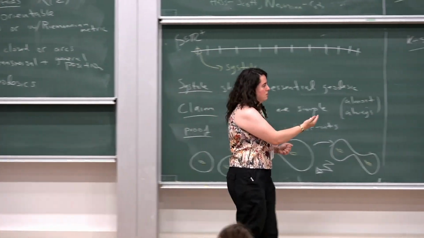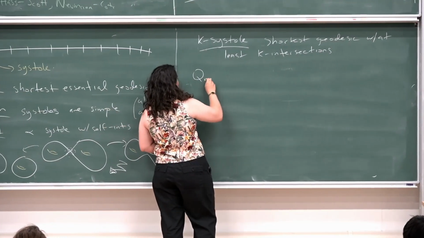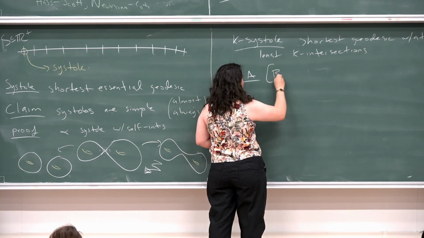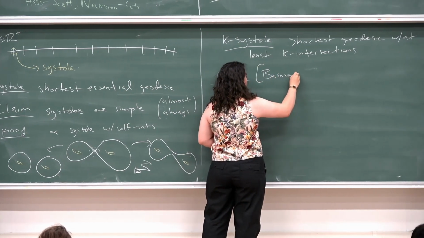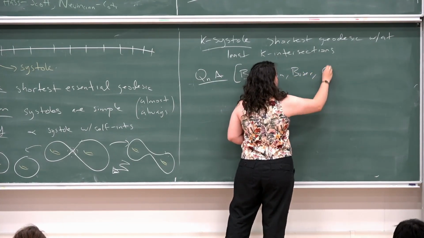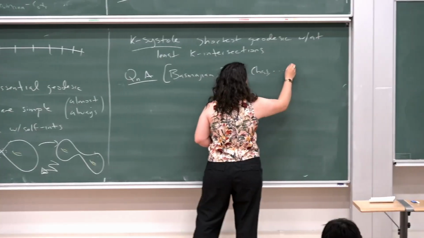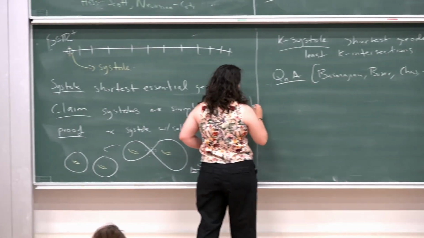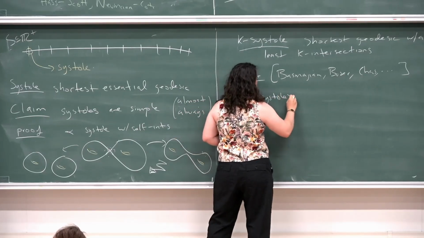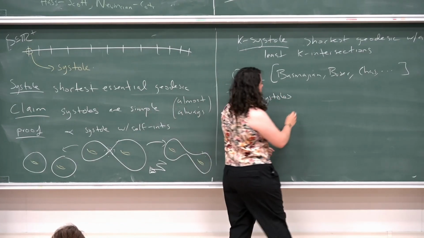So now the natural question here, which has been asked by a number of people, because Malestein, Bussa, Chas, and others, is the following. Do K-systoles have exactly K intersections?